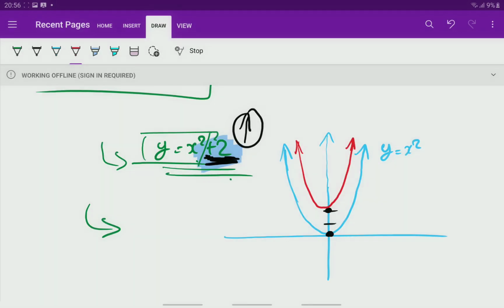Right? It follows the same characteristics and all, but everything is just pushed up. Every point is pushed up 2 units. If you push up 2 units, every point will come up.